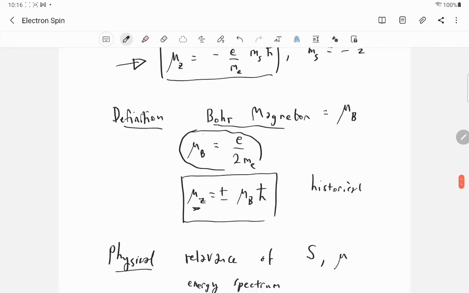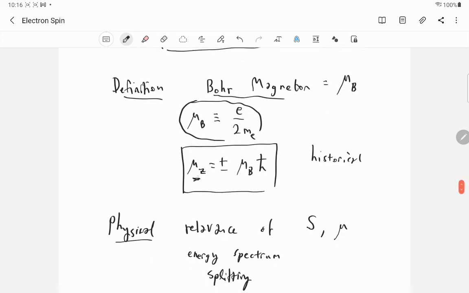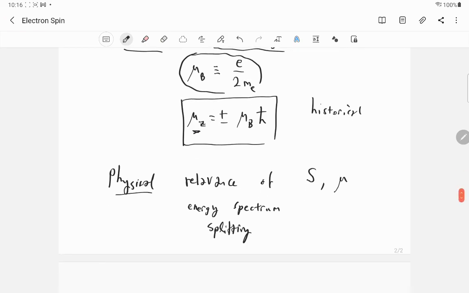I also defined this quantity called the Bohr Magneton, so you could give it a three-bar equal sign. It's a definition, just a convenience. And we wrote the magnetic dipole moment in terms of that Bohr Magneton. So the next step is to ask, why is it important? How do we know that this is nature's truth? That's the next video.